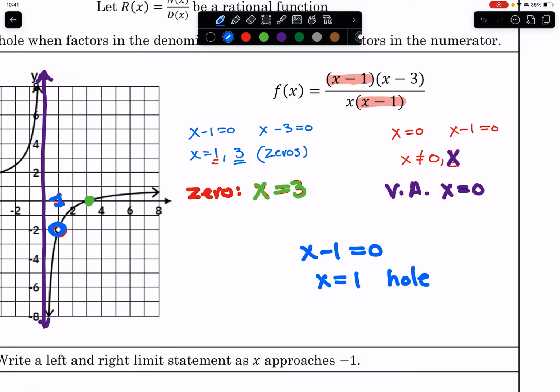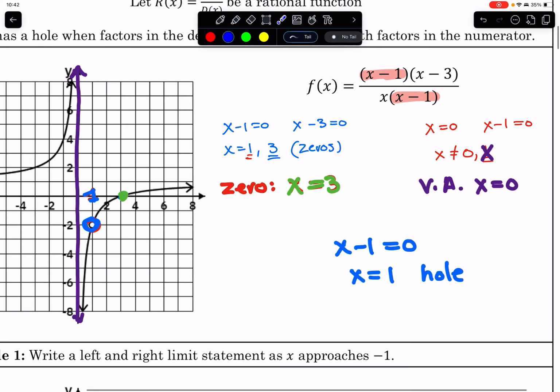So the only way we can have a zero is if there is no common factor with the denominator, and the only way we can have a vertical asymptote is if there is no common factor with the numerator. But if there is a common factor in the top and on the bottom, that factor set equal to 0 and the solution to that factor is going to be the location of our hole.